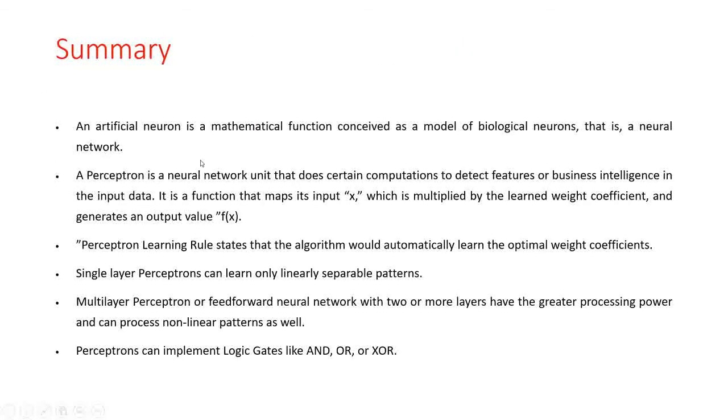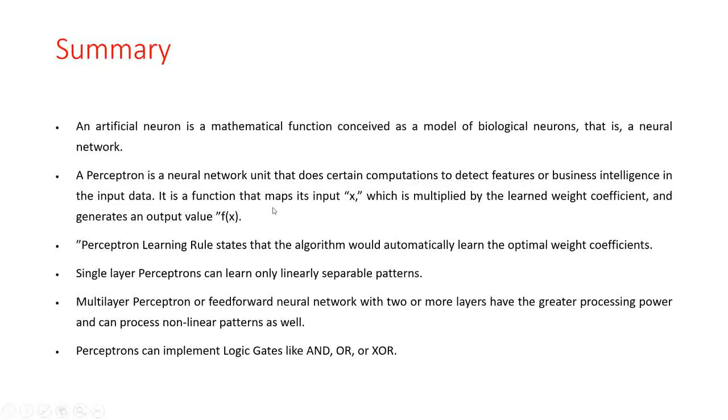So in this artificial neural network we learned about the neuron. An artificial neuron is a mathematical function considered as a model of a biological neuron, that is, a neural network. We also discussed the perceptron. The perceptron is a neural network unit that does certain computations to detect features or business intelligence in the input data.